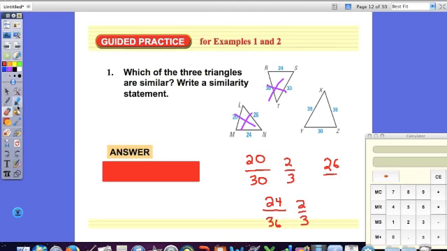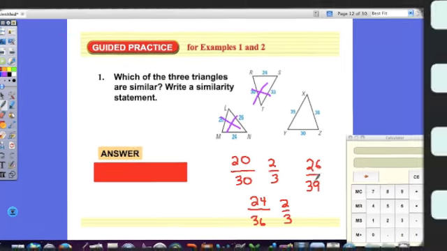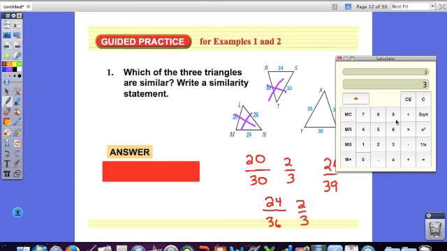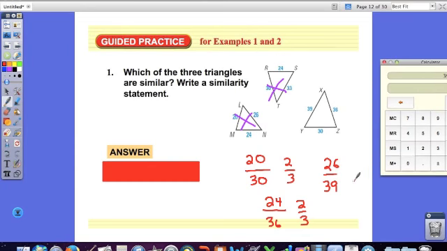But 26 divided by 13 is 2, and 39 divided by 13 is 3.